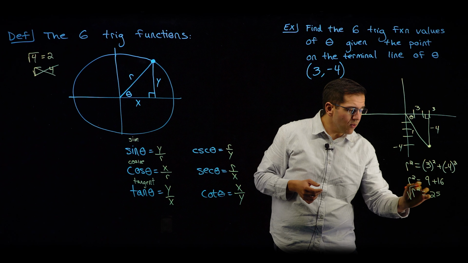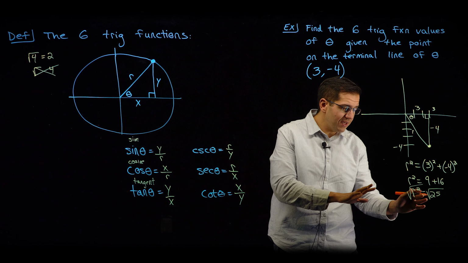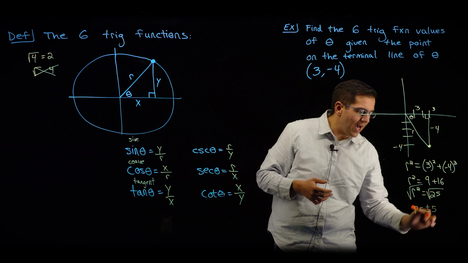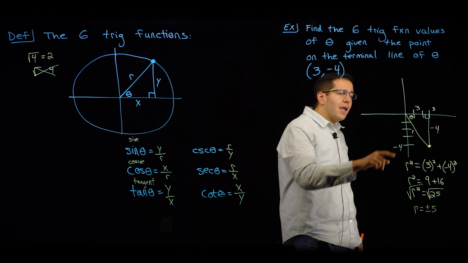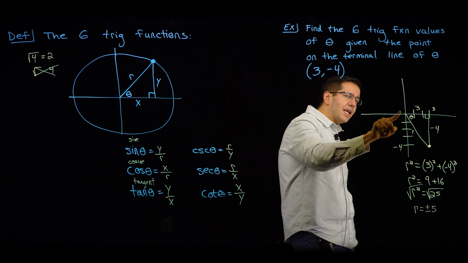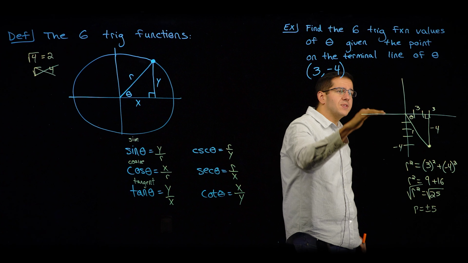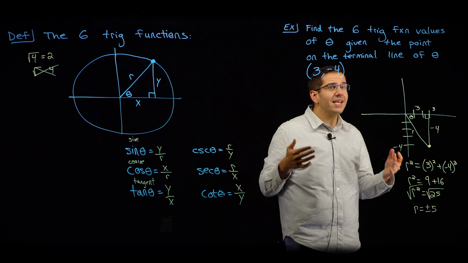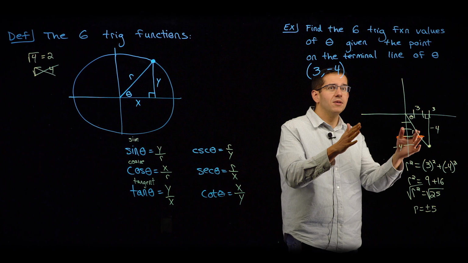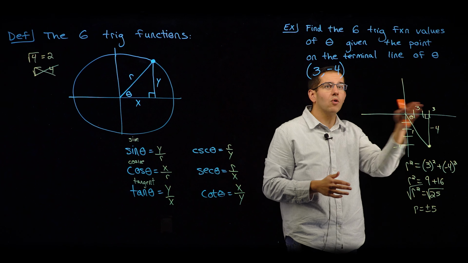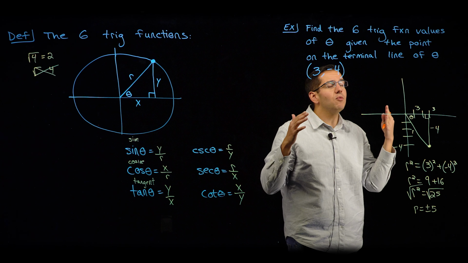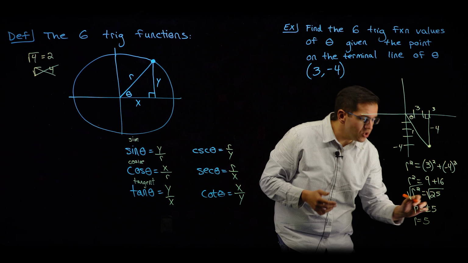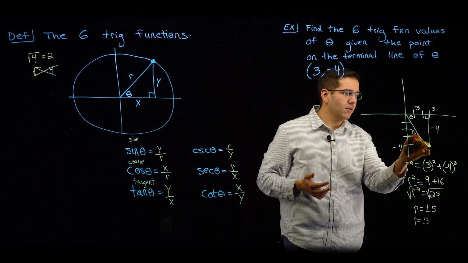If we take the square root of each side of the equation, we get r equals plus or minus 5. And it's important to note, this side of the triangle is not referencing the x-axis or the y-axis, which means it can't be based in a measurement from vertical or horizontal perspective, so it will always be positive. So it's just the positive 5 value here.